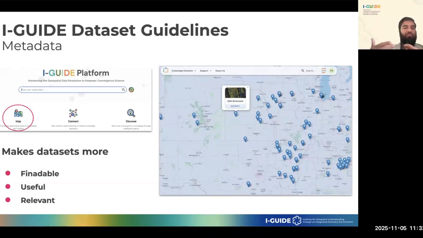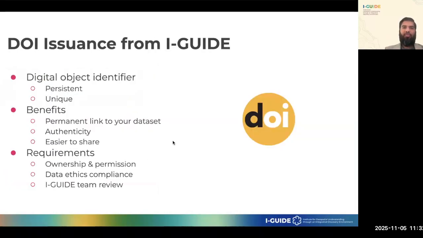This makes every one of your knowledge elements more useful, findable, and relevant, which is obviously one of the goals of open science as well. I would like Eric to take over from now.